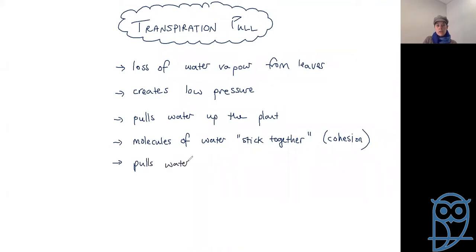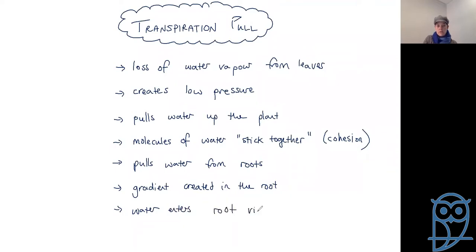So it pulls water from the roots all the way up the plant, and now we have lost water from the roots. So we've created that gradient in the root. So a gradient created in the root. So water enters the root via osmosis.